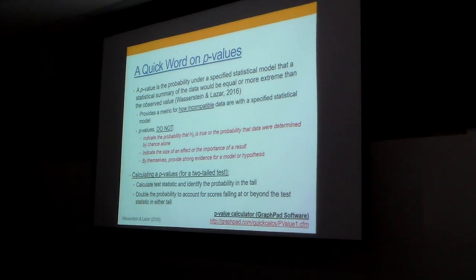And for our two-tailed tests, depending on whether we go one way or the other, it's going to give us a positive or a negative value. So if we get something that's bigger, this will give us a positive value. This will give us a negative value.